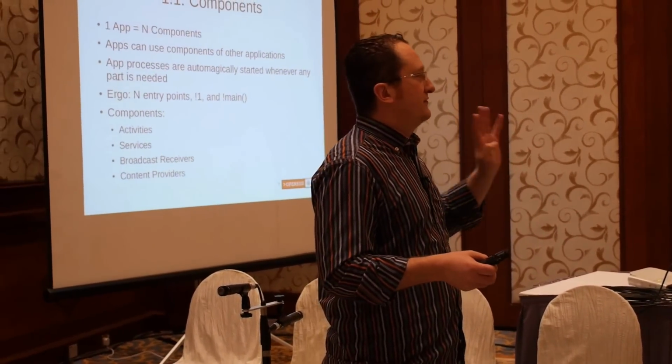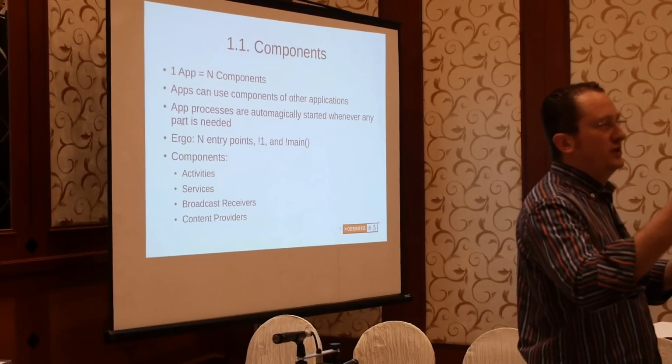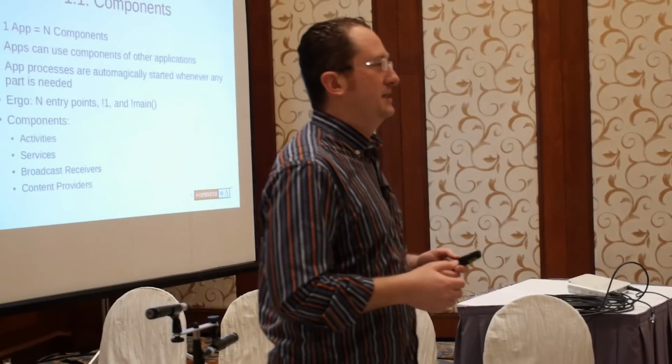You've got 4 core components: activities, which are UI elements; services, which are akin to background daemons; content providers, which are databases; and broadcast receivers, which you can think of as very high-level interrupt handlers, or generally speaking, events like the battery's low, a new picture's been taken, the USB's been plugged in, that kind of stuff.